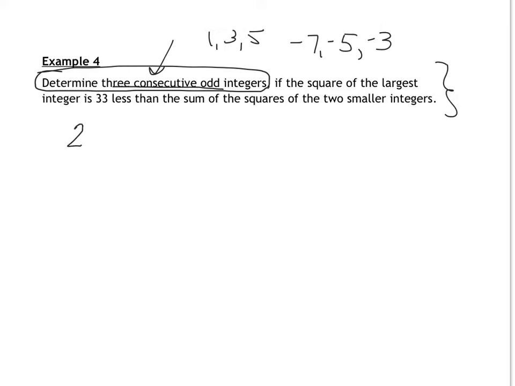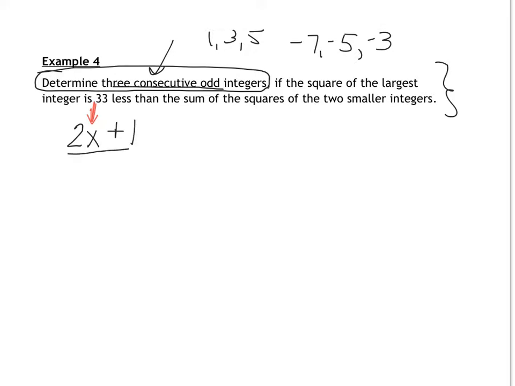Well, we know that if we multiply any number by 2, it's going to end up being even. So if I multiply 3 by 2, I'm going to get 6. That's an even number. If I multiply 7 by 2, I'm going to get 14. That's an even number. And after every even number comes an odd number. So if I add one more to that, I'm going to get an odd number.